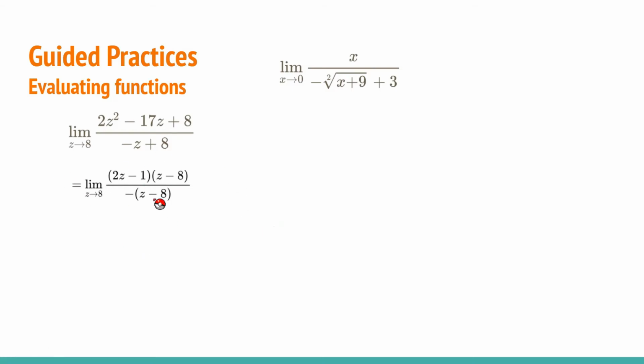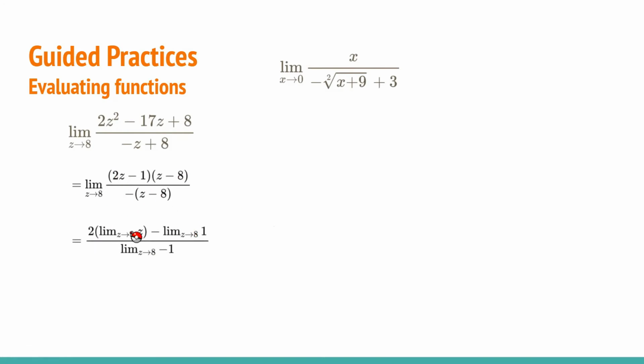From here, we can cancel out z minus 8 and the z minus 8. So we cancel them out. We are just left with 2z minus 1 and then over negative 1.